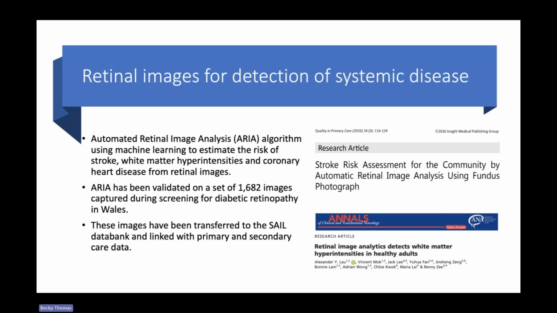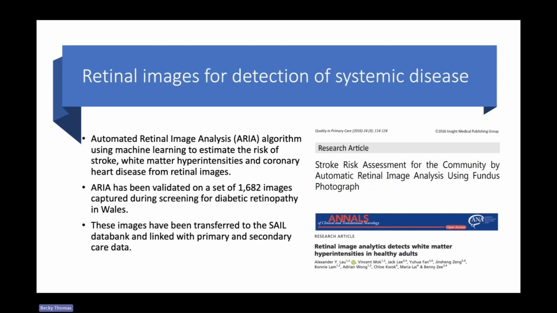And they've got one to estimate the risk of stroke, another for white matter hyperintensities, and another for coronary heart disease. We managed to get permission through ethics to move 1,600 images from the Diabetic Retinopathy Screening Service for Wales into SAIL to allow a validation of the ARIA algorithm.